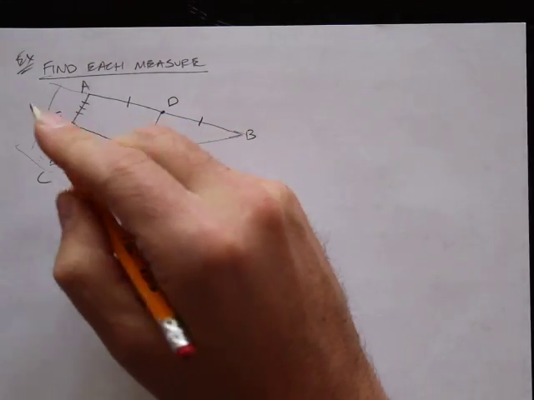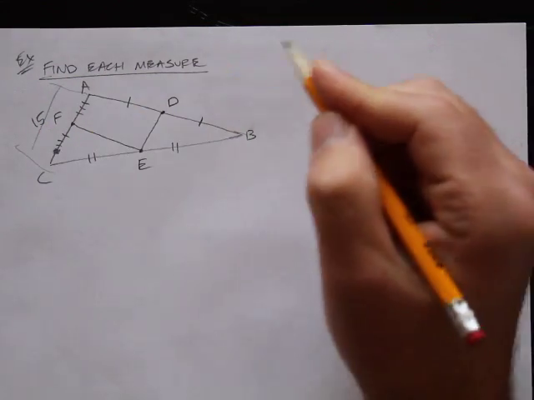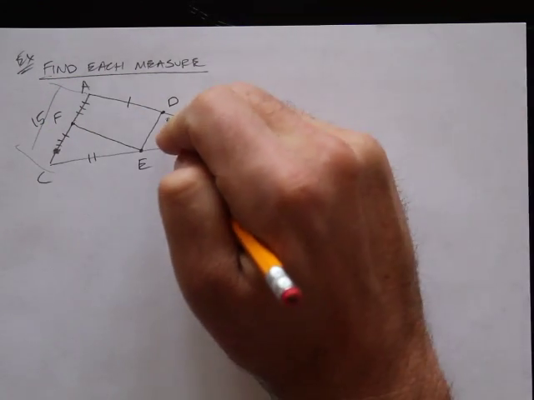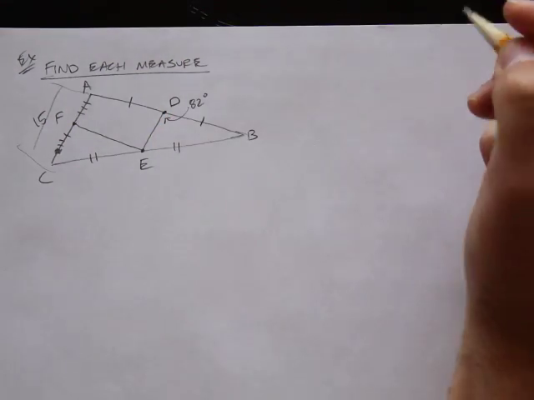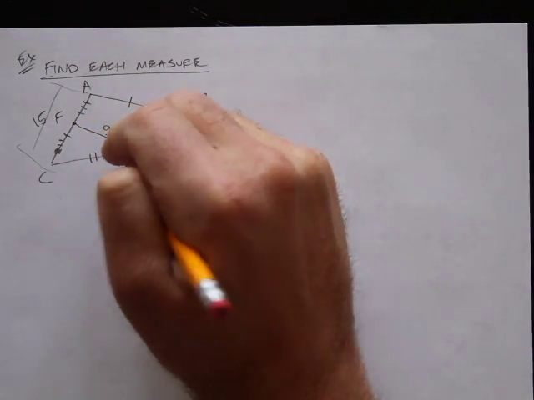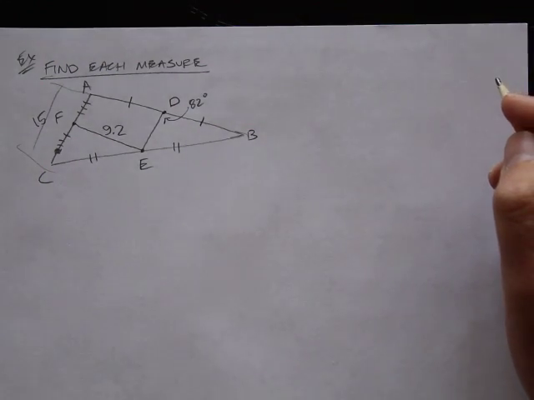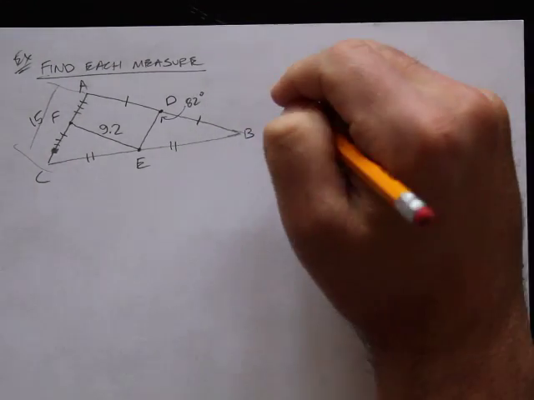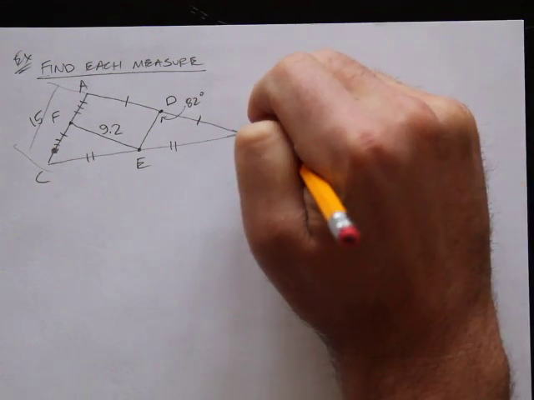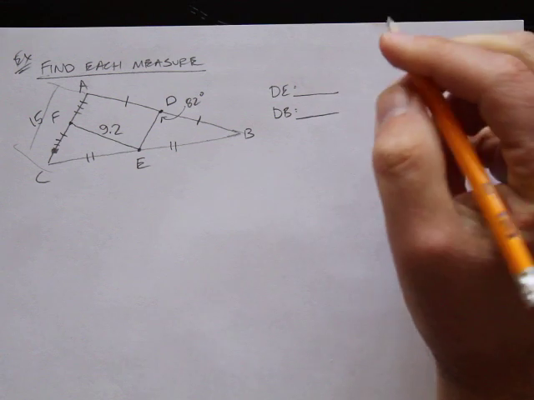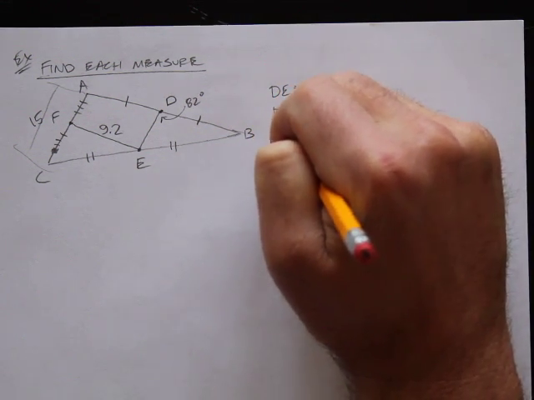AC is 15. And this angle right here is 82 degrees. FE is 9.2. And that is all the information I have to give you. Now I want to know, what is DE, what is DB, and what is the measure of angle FED.